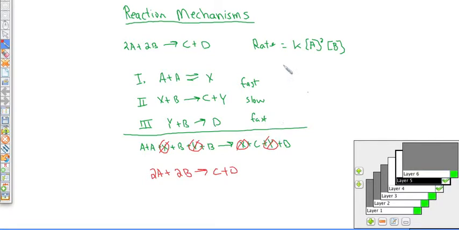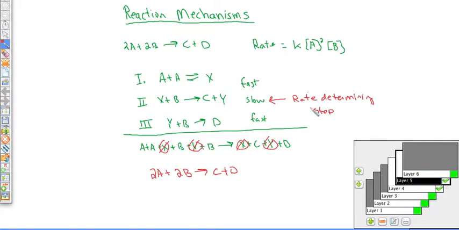Now here's another thing. Let's go ahead and figure out if this rate law here matches up. Now the first thing you need to do is you need to say, well, the slow step is going to be what we call the rate determining step. So slow step is the rate determining step. And why is that?